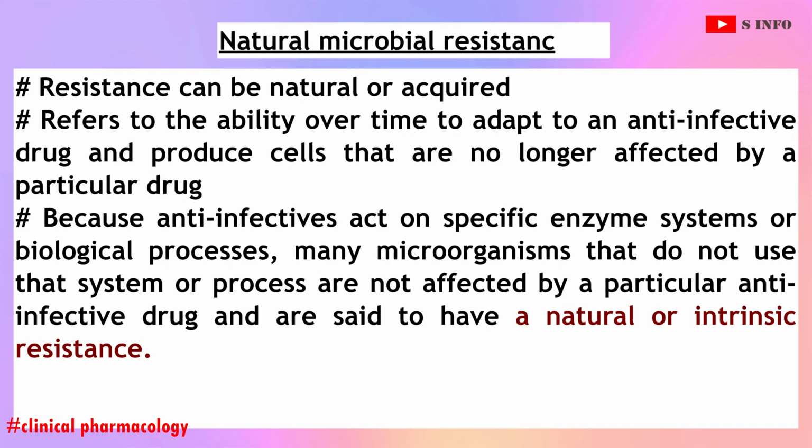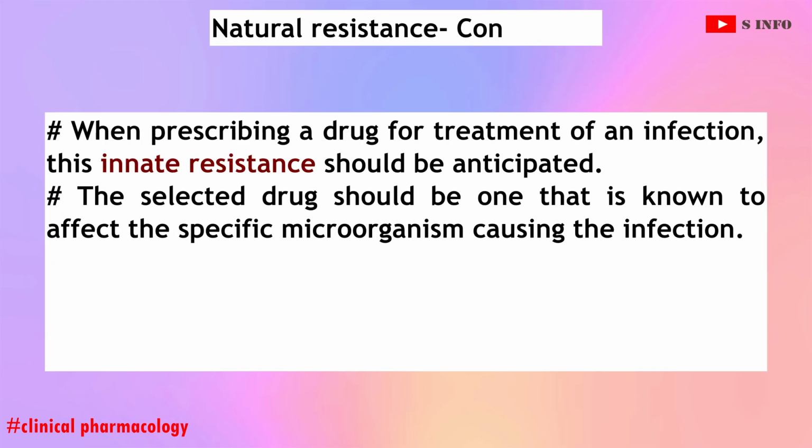Now, we are going to talk about natural microbial resistance. Resistance can be natural or acquired. Resistance refers to the ability, over time, to adapt to the anti-infective drug and produce cells that are no longer affected by the particular drug. Because anti-infectives act on specific enzyme systems or biological processes, as I told you in the mechanism, many microorganisms that don't use that system or process are not affected by particular anti-infective drugs and are said to have natural or intrinsic resistance.